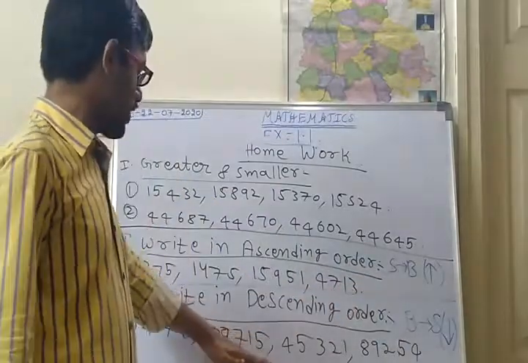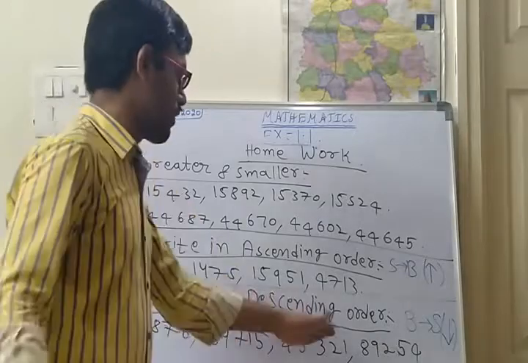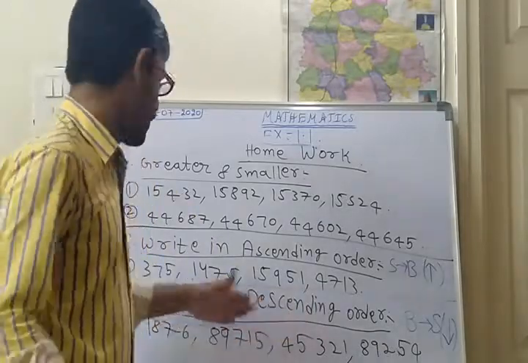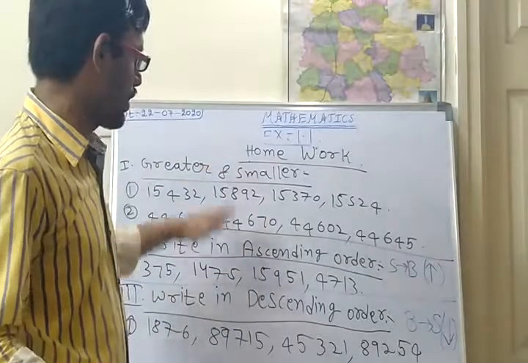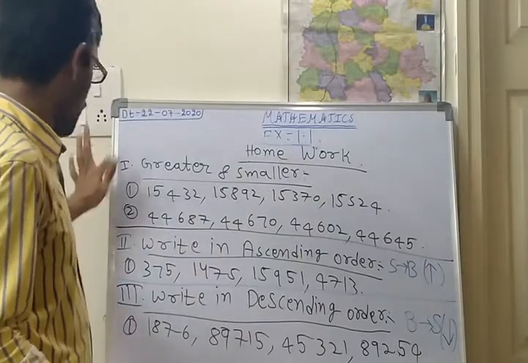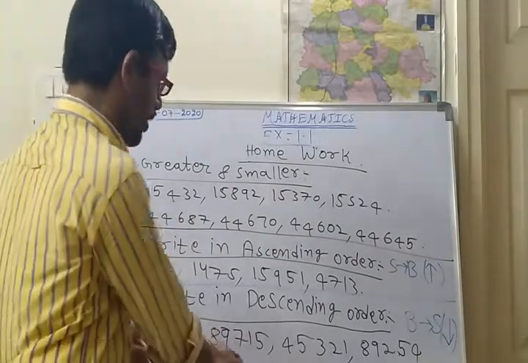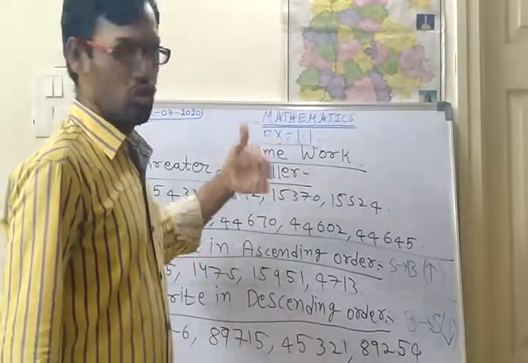For this problem also, write down ascending order. Once you get big to small, the descending order, then if you reverse it you will get the ascending order of this problem. This is the homework: 3 bits, 4 problems. You try today, and you show it to your parents.